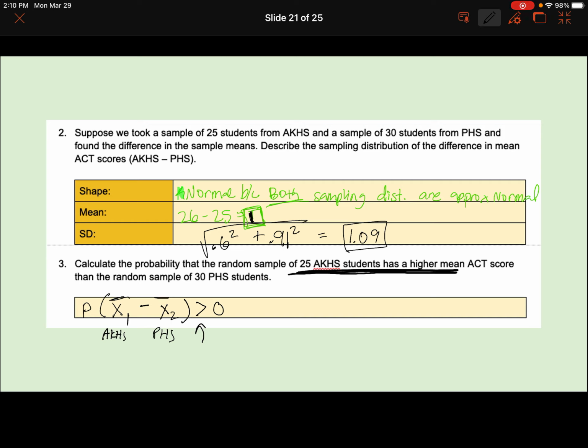Okay, so I'm going to go ahead and sketch out my normal curve. The mean difference is 1. I'm going to go ahead and label, so I've got 1 and 1.09 for my mean and standard deviation. And we are interested in what is the probability that the difference is greater than 0. So this is what I'm looking for.